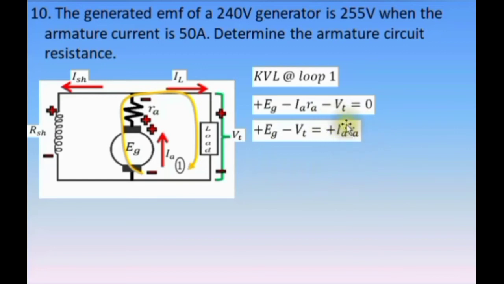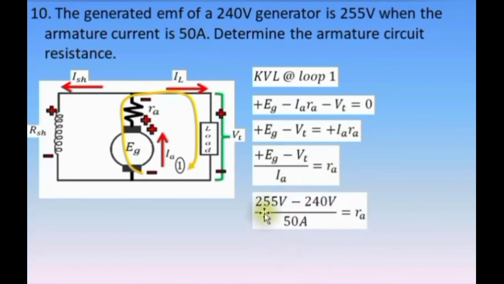Cross multiplying current IA to the other side of the equation, we have positive EG minus VT divided by IA equals RA. Again, the generated EMF is 255 volts. The terminal voltage is 240 volts and current IA equals 50 amperes. Substitute those values. 255 volts minus 240 volts divided by 50 amperes. Armature circuit resistance equals 0.3 ohm.